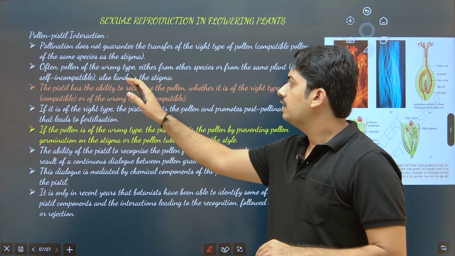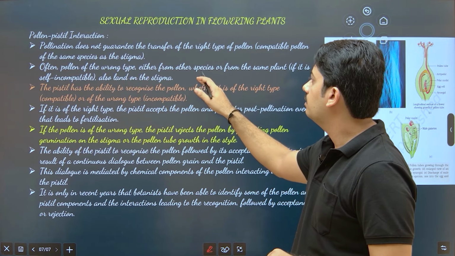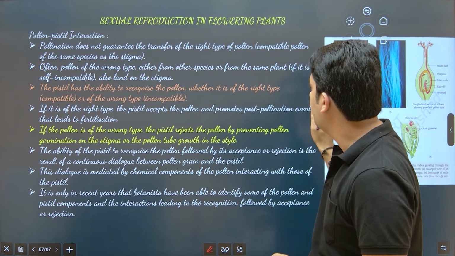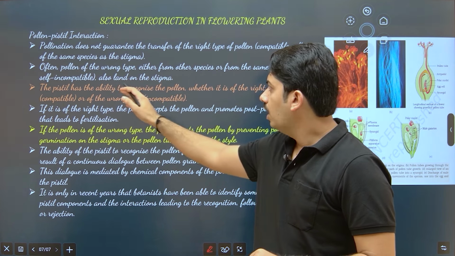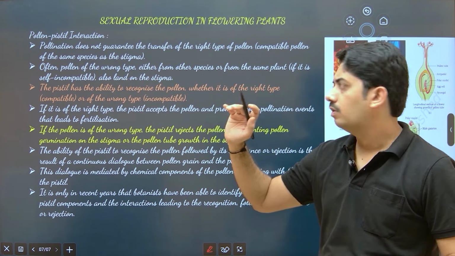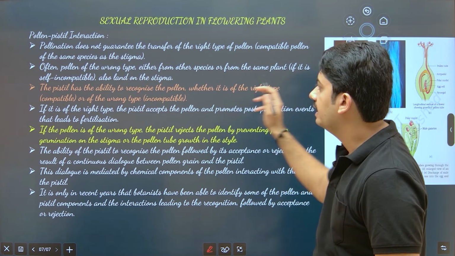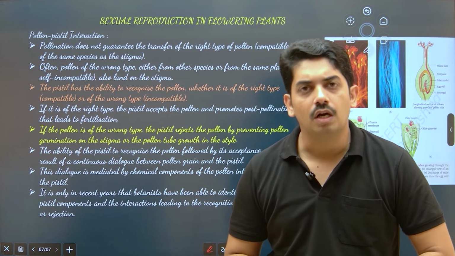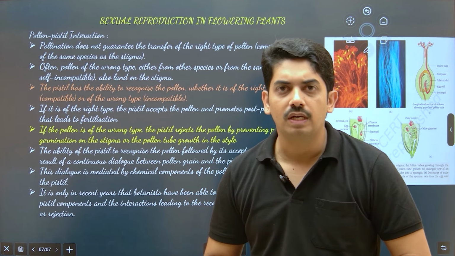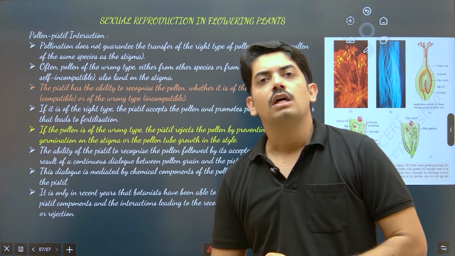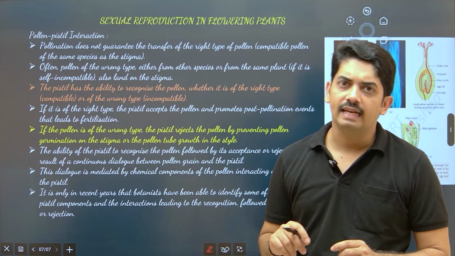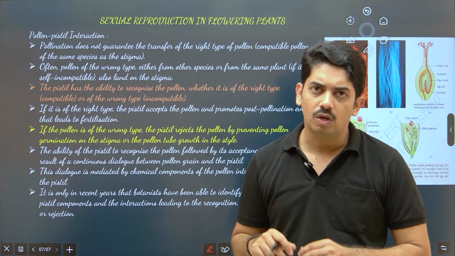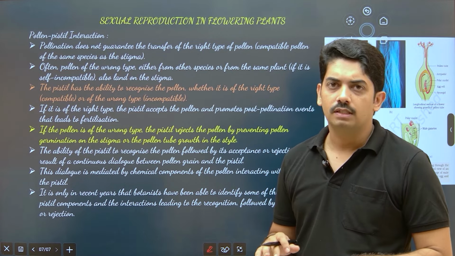Often pollen of the wrong type, either from other species or from the same plant, also lands on the stigma. There is a reason to give if it is self-incompatible, because if the plant is encouraging an outbreeding device or cross-pollination, then an insect carrying pollen from the same flower is also a problem for the plant.